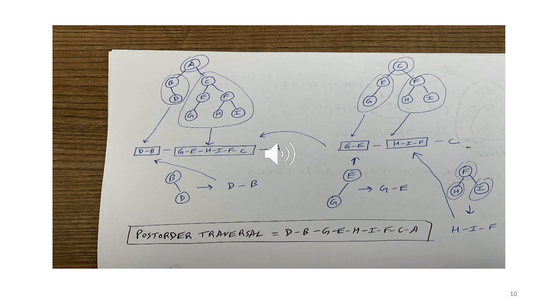We can have them in different sequences, and because of that, we can have different traversals. So I hope now that given a tree, you should be able to do in-order, pre-order and post-order traversals on them. Okay. So the net result is we have a sequence in which we visit the nodes.